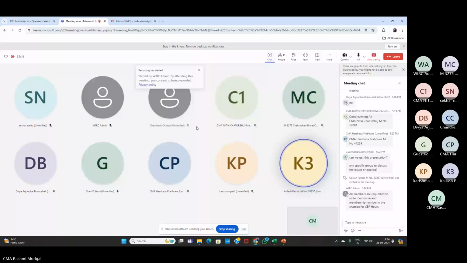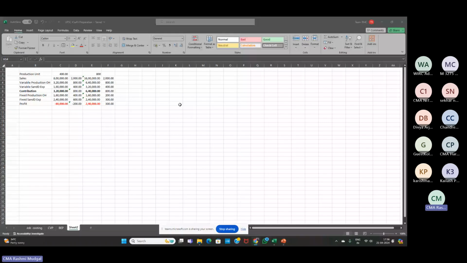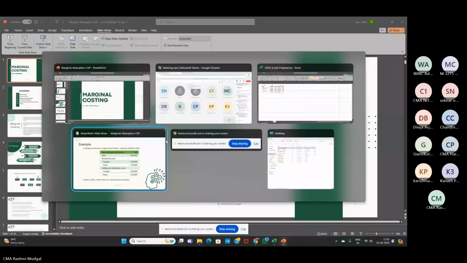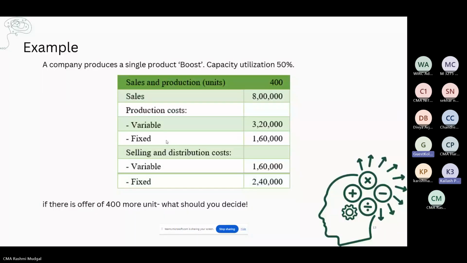Are you able to see the PPT? No, ma'am. Currently, a different screen is being shared. Yes, ma'am. We can see now. Okay. Is there any question till now?